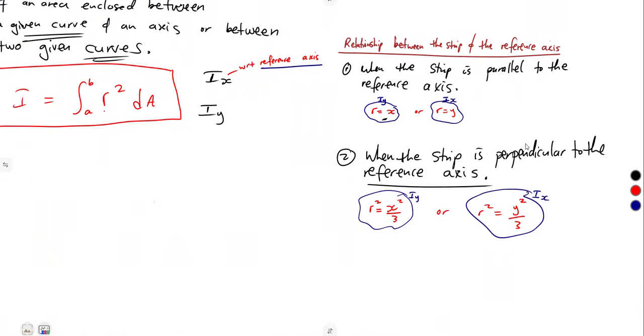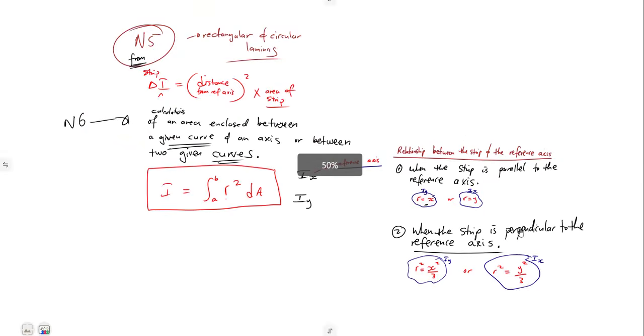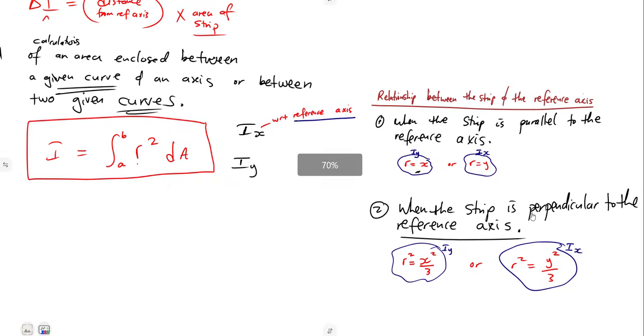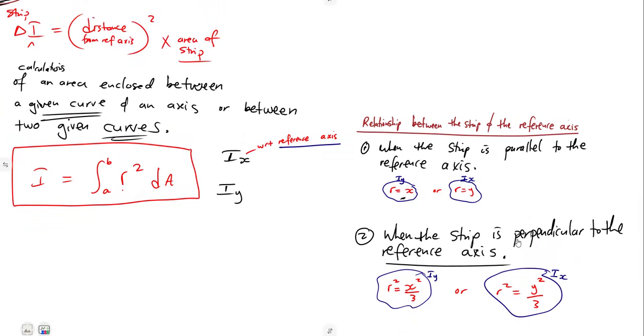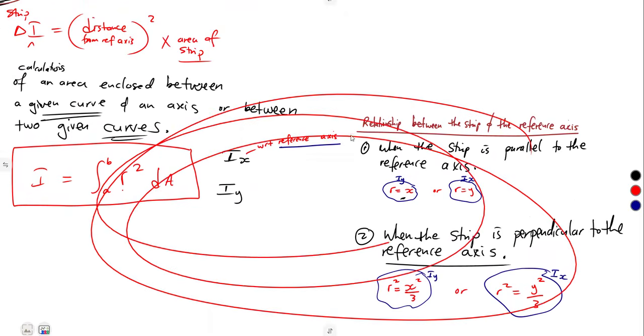So that marks up all the formulas that you are going to have as of our syllabus in the calculation of the second moment of area. Nothing is going to beat these formulas. Use them properly. So it is in your hands. Are you going to memorize them, or are you going to take them from scratch?